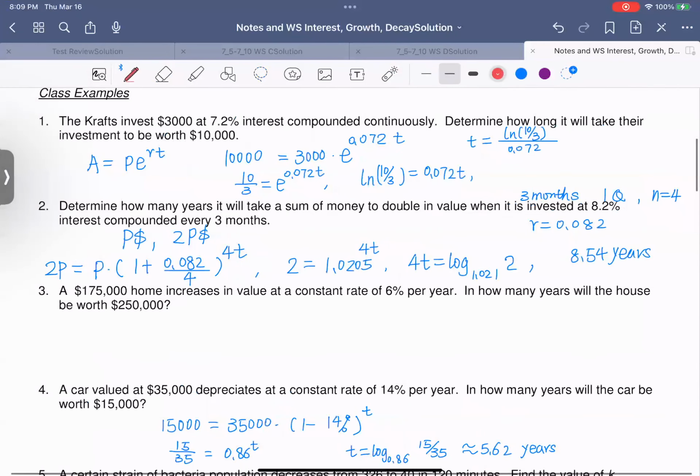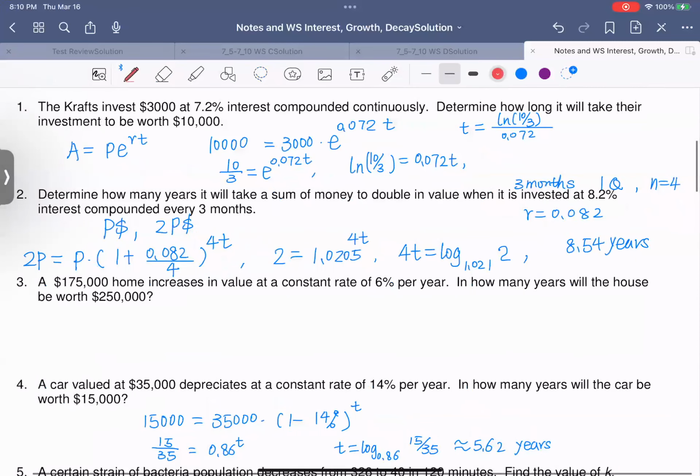So I always suggest to kids, don't waste money. I always ask my kids that, because you do this calculation: if the bank only gives you 4% interest rate, see how many years it takes to make it double. You have 2P equals 1P, so 2 equals 1 times 1 plus 0.04 over 4, to the power 4t.